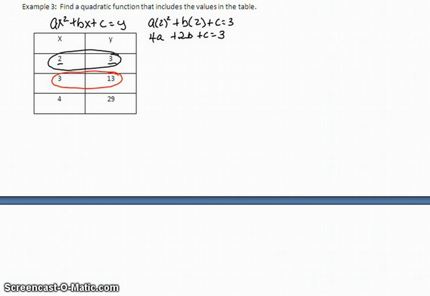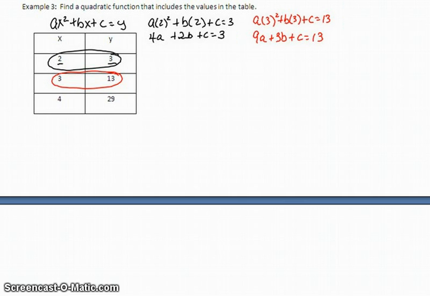So far, so good. Now we're going to move on to my next ordered pair of 3 and 13. Substituting that in, I will have a times 3 squared plus b times 3 plus c equals 13. Simplifying, 3 squared is 9. I have 9a plus 3b plus c equals 13.